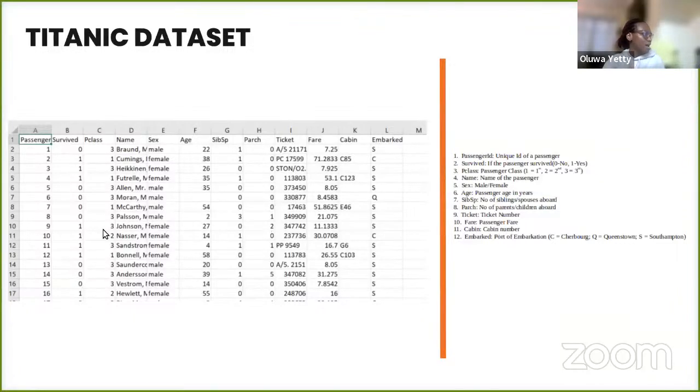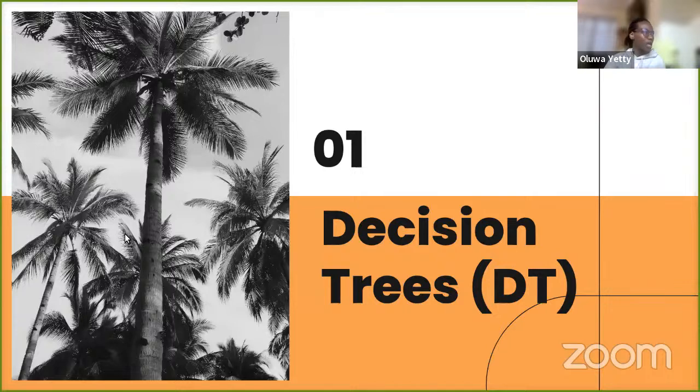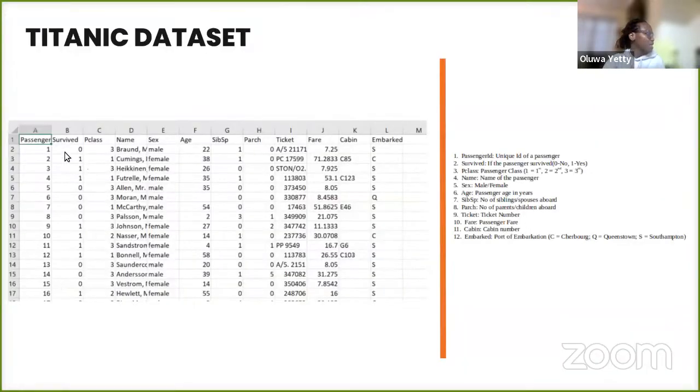The left side of my screen shows us the data set in tabular form, and the right side is the information about each of the columns. We have the passenger ID, which is just an ID. Survived is whether they survived or not. Zero, of course, means they didn't survive, and one means they survived.